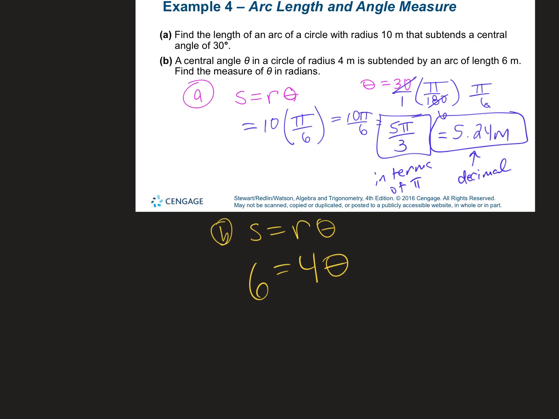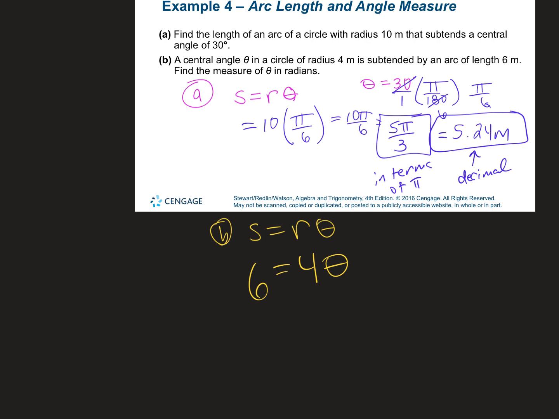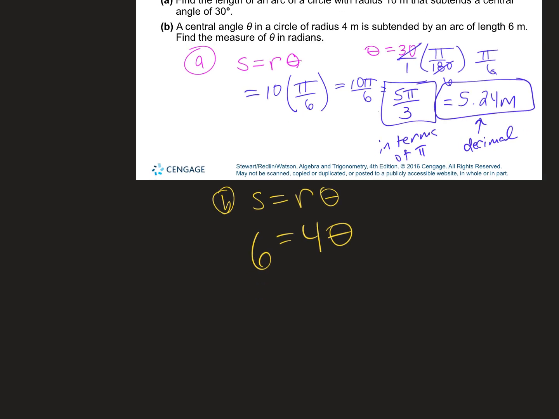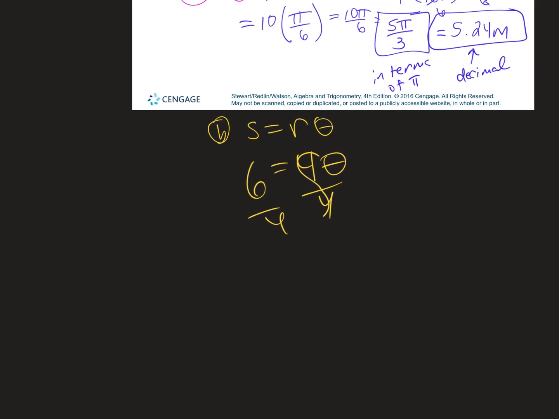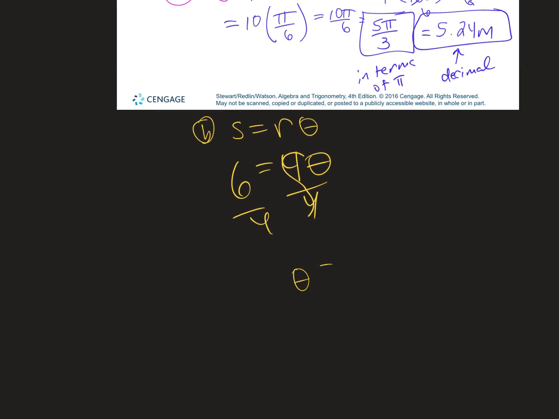So how do I find theta? How do I get that funny looking thing all by itself? Divide both sides by 4. Good. So I have theta equals, what does 6 over 4 simplify to? 3 over 2. And this is radians.